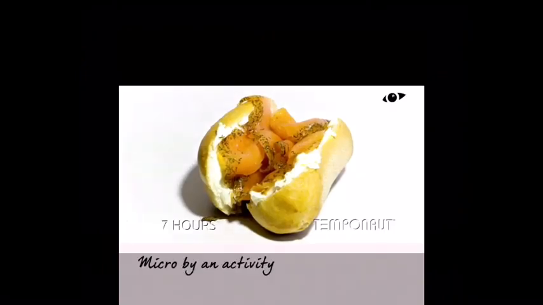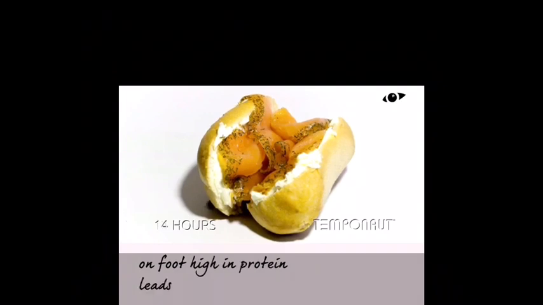Microbial activity on food high in protein leads to putrefaction.